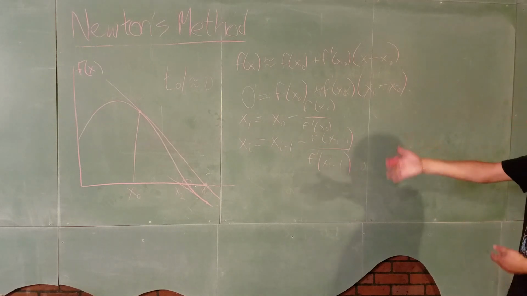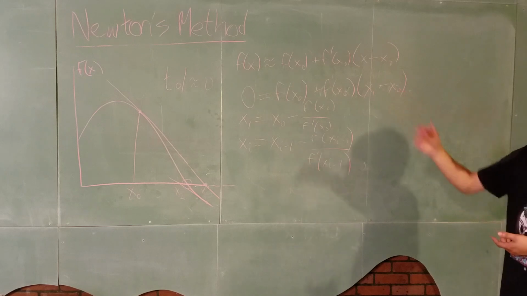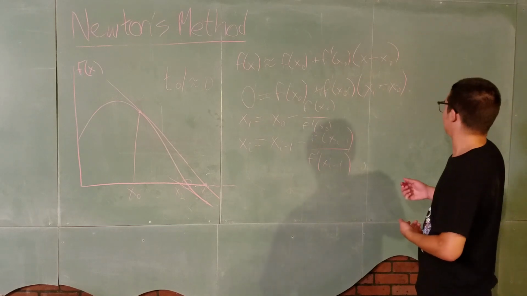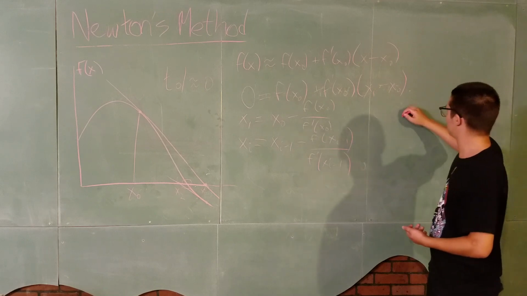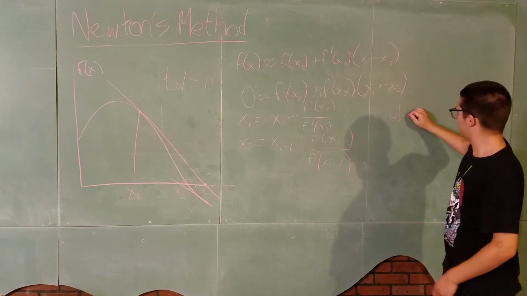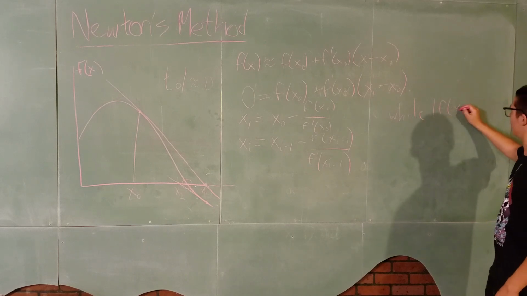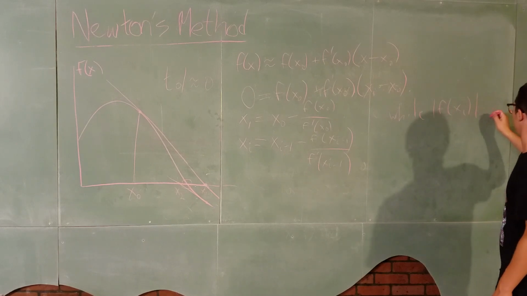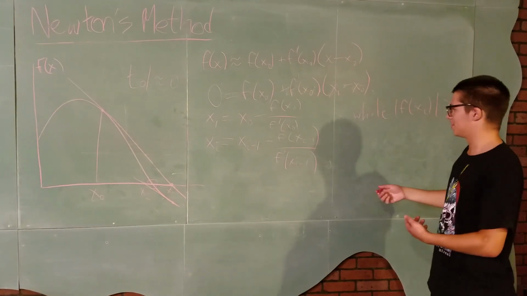And we're going to just keep repeating that until f of xi becomes close enough to 0 that it's within our tolerance range. And so what that will look like is that while the absolute value of f of xi is greater than the tolerance, we're going to keep going through this process.